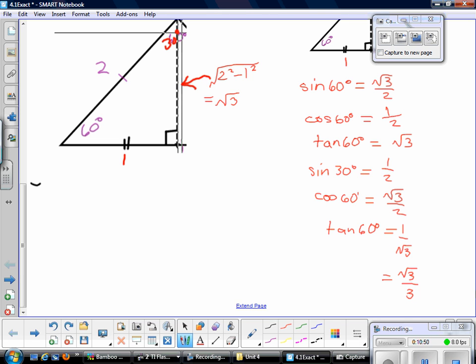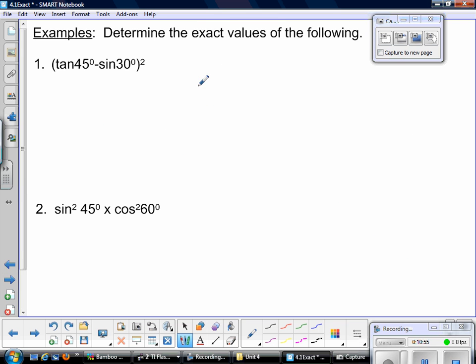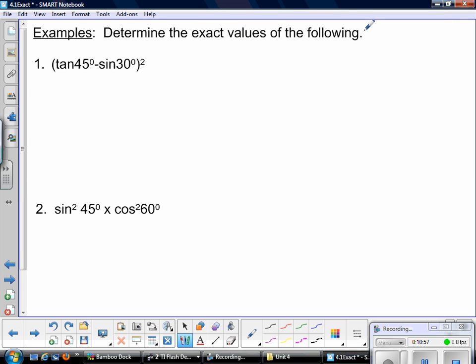So what are they going to expect you to be able to do? Well, a few different things. So let's go to the next page. Determine the exact values of the following: bracket tan of 45 degrees minus sine of 30 degrees, and all of that squared. The first thing I need to do is have those triangles to look at. Remember what I told you I did?